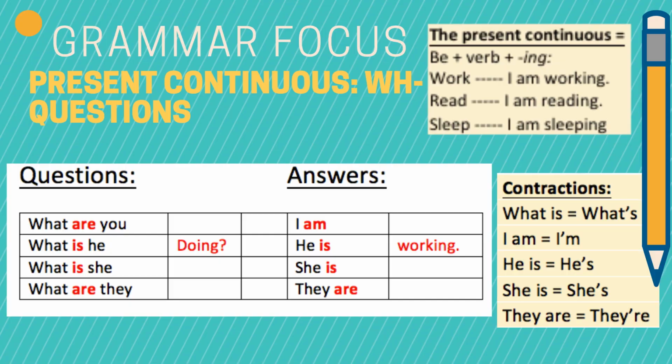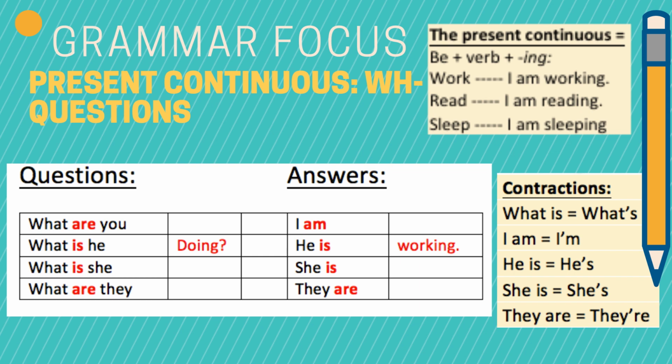So here's our grammar focus for today. It's the present continuous WH questions. Remember, like I said, the present continuous is the verb in the be form plus the 3 letters ing. For example, the verb work becomes working.